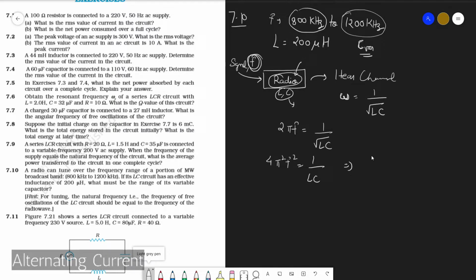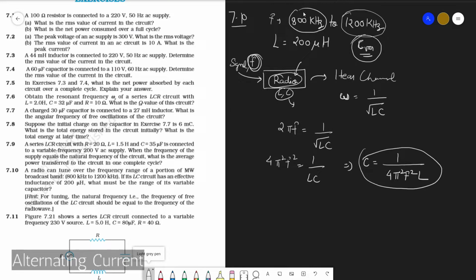So if I need to find C, I can write 1 upon 4 pi square f square L. So you can find the value of C. He is asking me the variable capacitor.